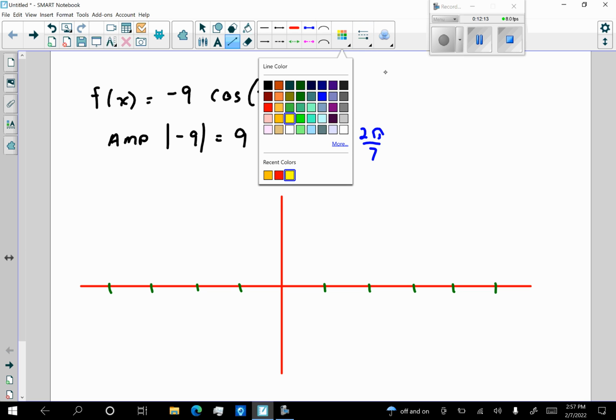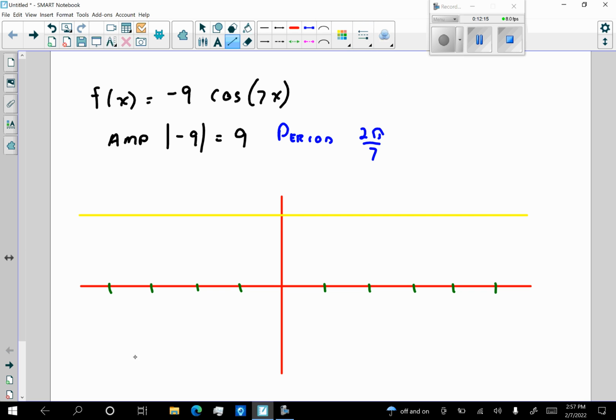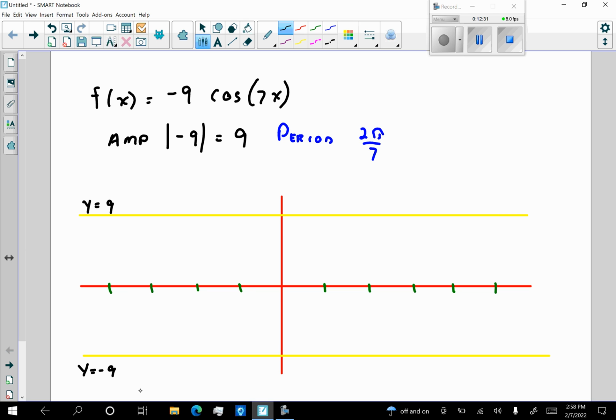I'll do them this time in yellow. And those two lines look fairly symmetric with respect to the x-axis, so I think that will do. And what I want to do first and foremost is label this y equals 9, and this is going to be y equals -9. And I'm going to label the period, which is 2 pi over 7.